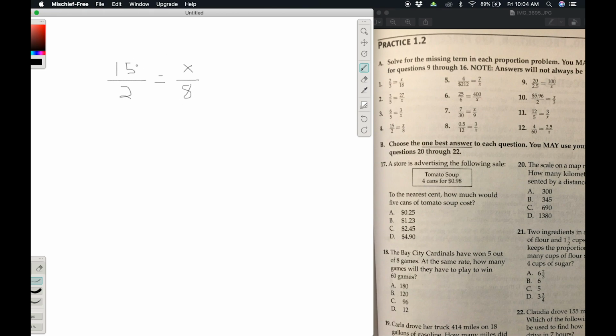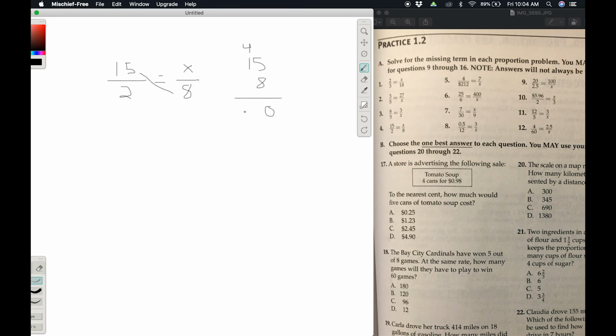So remember, all is multiplied towards the side with the x, and we multiply diagonally. 8 times 15 is, I believe I could do that one in my head, but 8 times 5 is 40. 8 times 1 is 8.